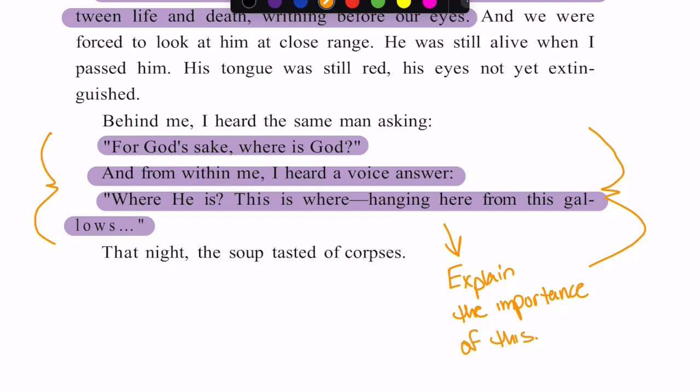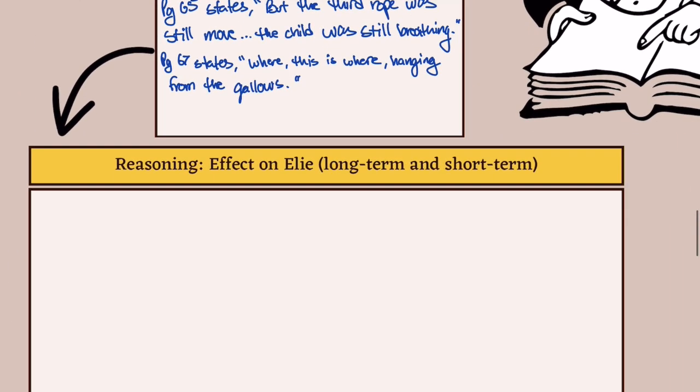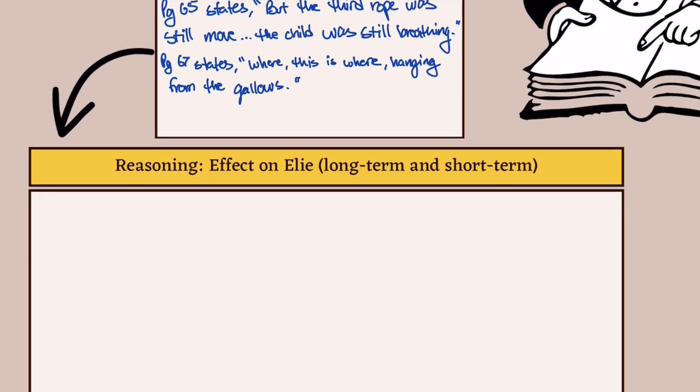Put that in your own words, but not just put it into your own words, I want you to explain the importance of this. And not just that, but how does that reflect the loss of Eli's childhood and his innocence? That's kind of where I want you to go for this reasoning statement, right? So explain the importance of that quote on page 67.